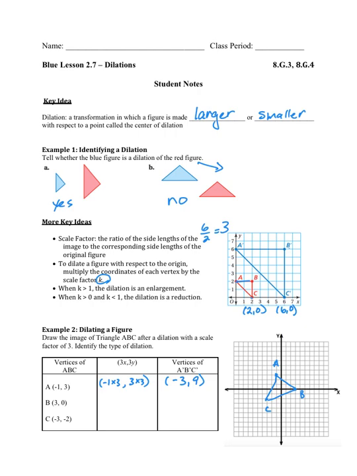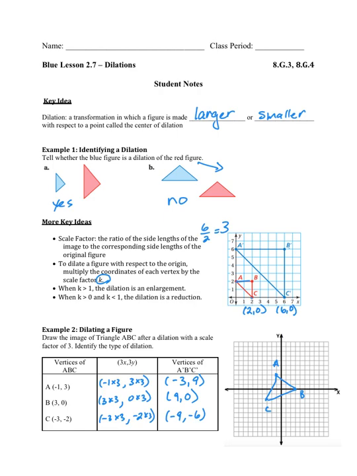Okay, we'll do the same thing for point B. We'll multiply 3 times 3 for our x value, and 0 times 3 for our y value, which gives us 9, 0. And then our last point, we'll do -3 times 3 and -2 times 3, which will be -9, -6.